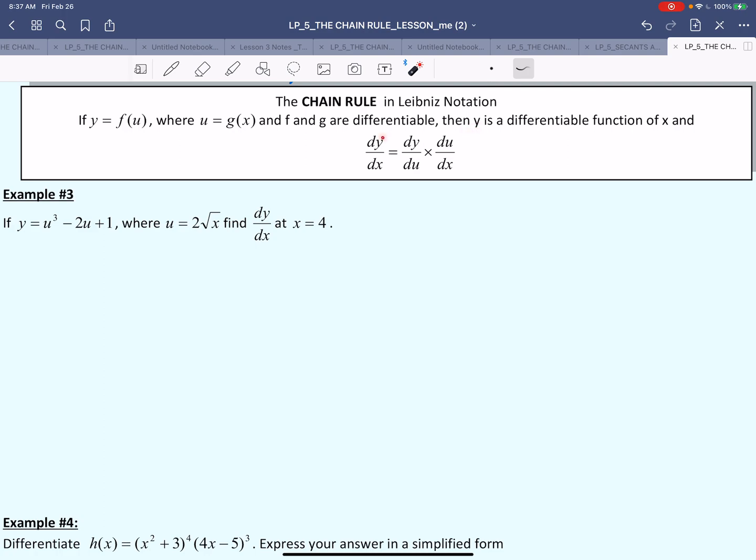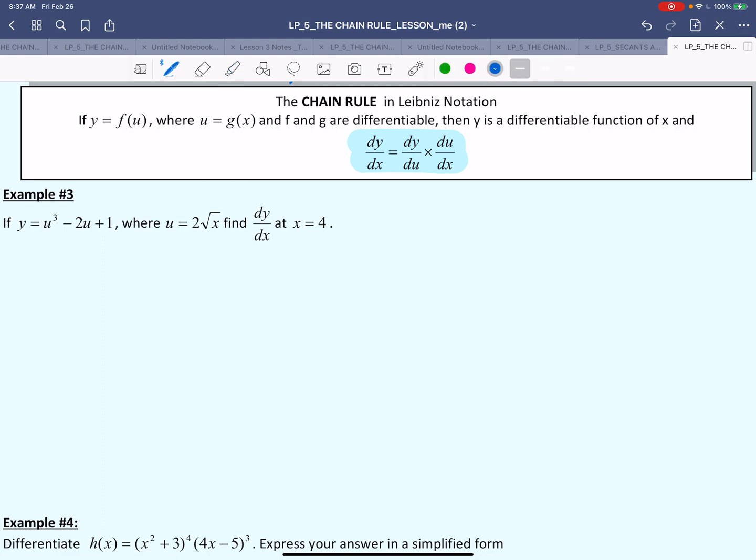And the derivative dy/dx is given by the formula dy/du times du/dx. So this is the chain rule in Leibniz notation. So let's practice this together.